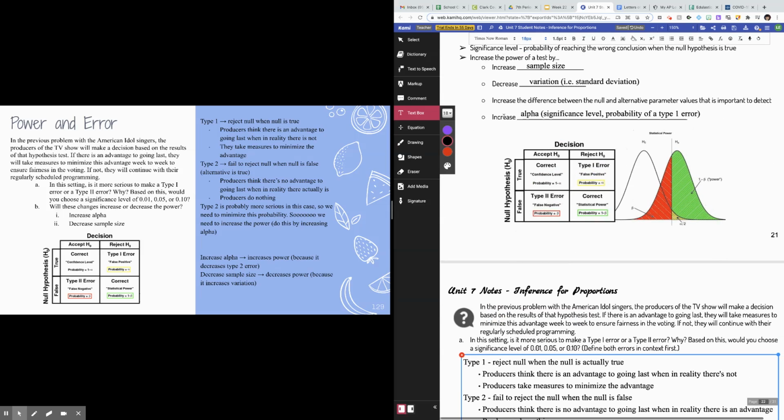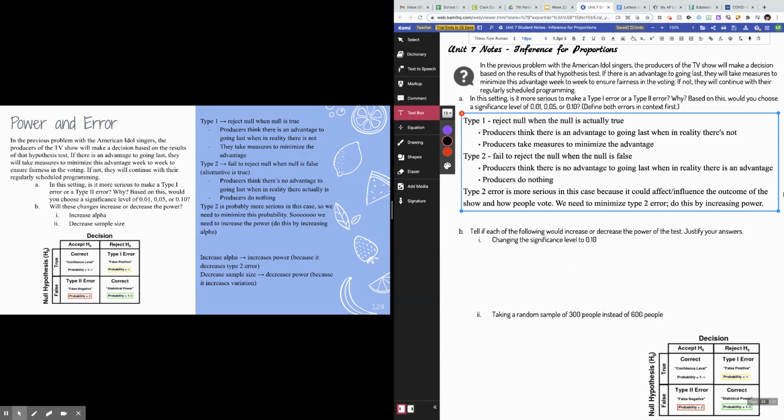So if I want to increase power, I need to increase my significance level, right? So if I'm going to choose one of these alpha values, I'm going to choose the highest possible alpha value, which of the ones given to me is 0.10. Okay. So key thing here is if you're increasing power, you can do that by increasing your alpha value.